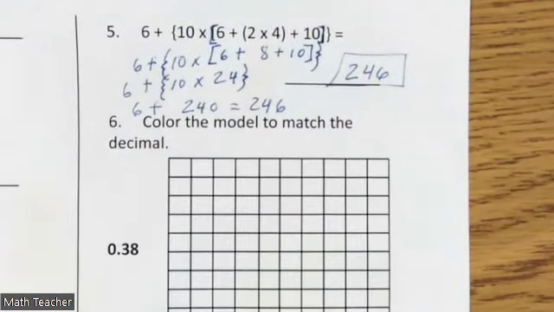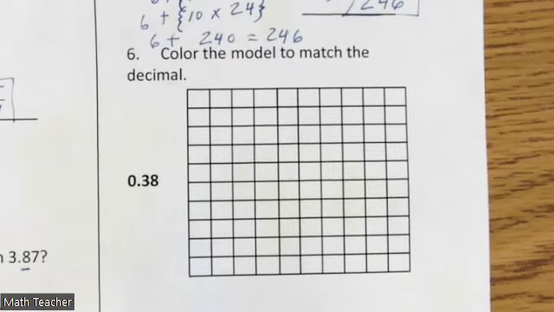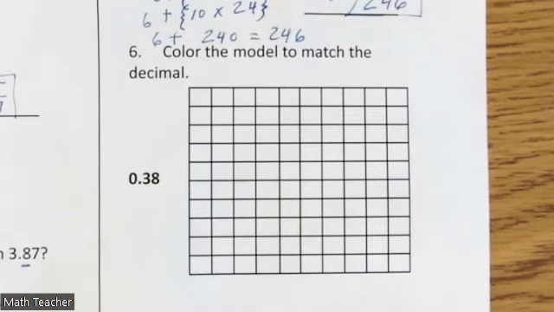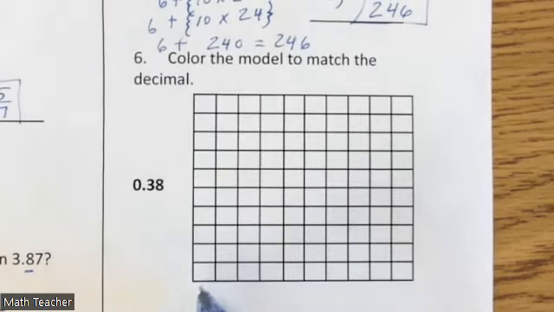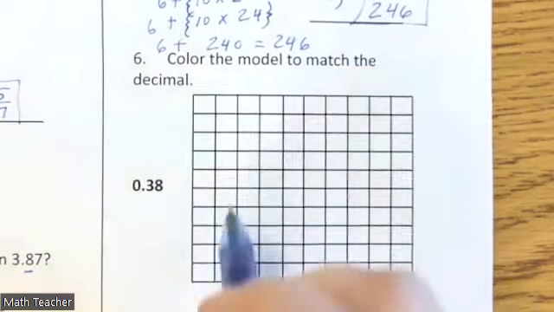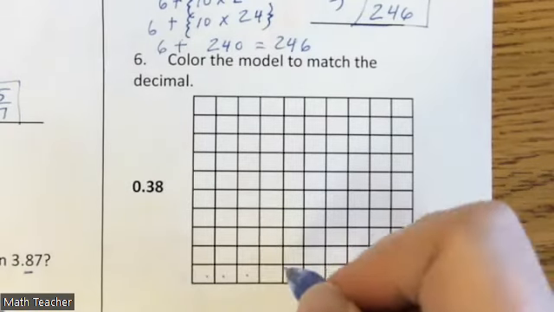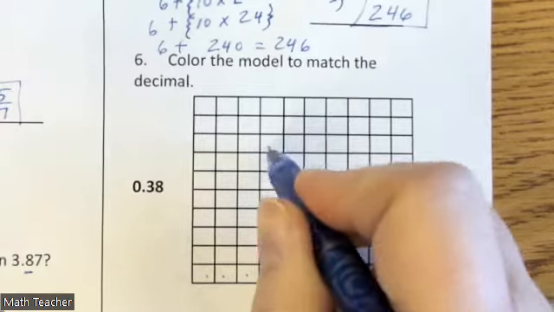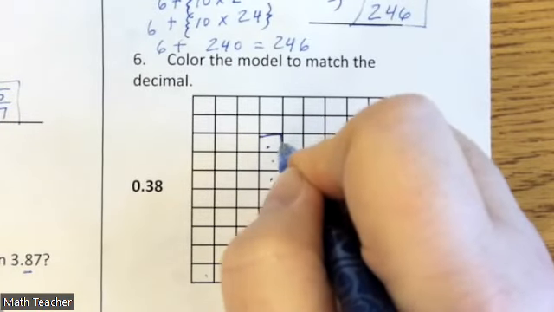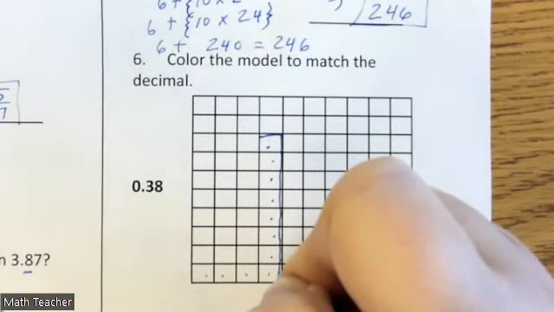Number 6, color the model to match the decimal. And we have 38 hundredths. So this is 100 squares. It's a 10 by 10 square. So we'll shade in 38 of the squares. We'll do this row of 10, 20, 30, and then we'll count 8 squares. 1, 2, 3, 4, 5, 6, 7, 8. We'll make our outline. This is the part that we will shade.